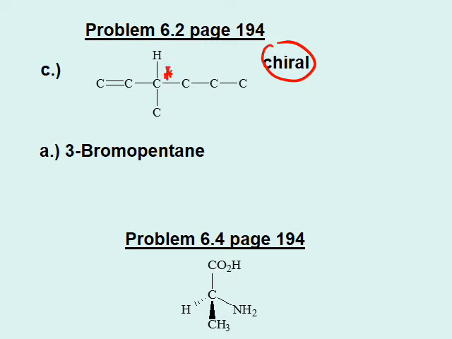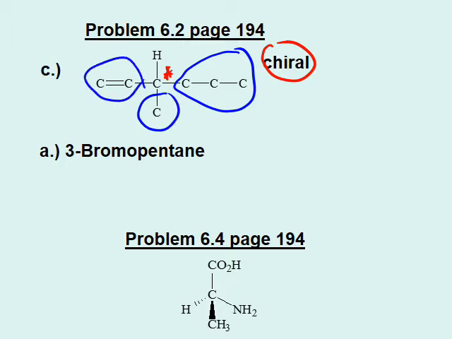Now let's focus on that carbon, where I put the asterisk, and let me identify the 4 groups. This is one group around that carbon, second group around that carbon, third group around that same carbon, and the fourth group around this carbon. Question is, are these groups identical?